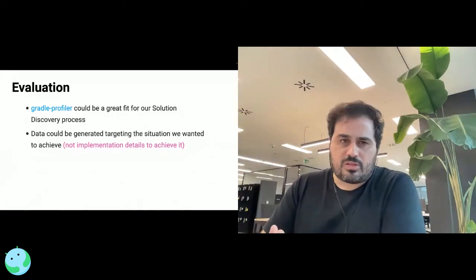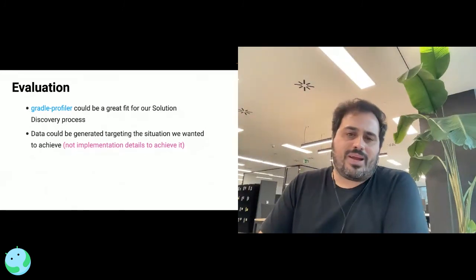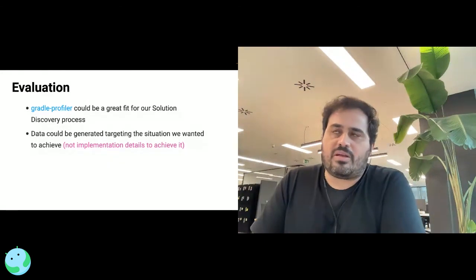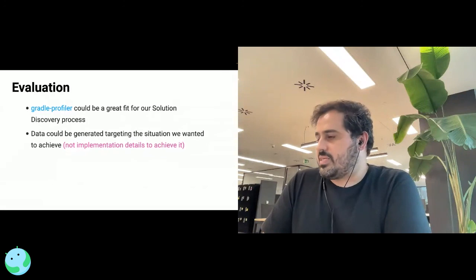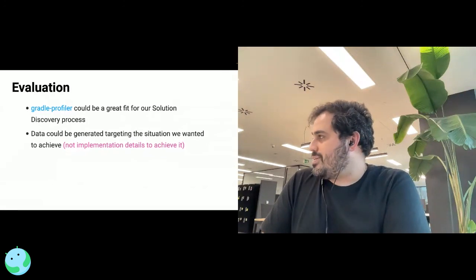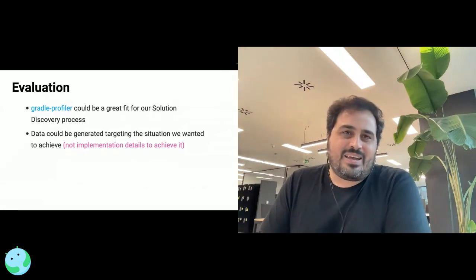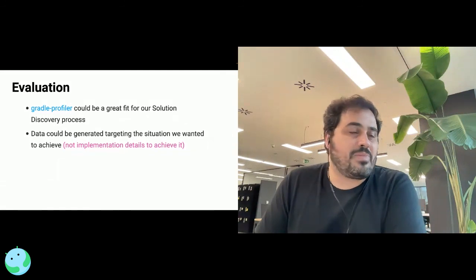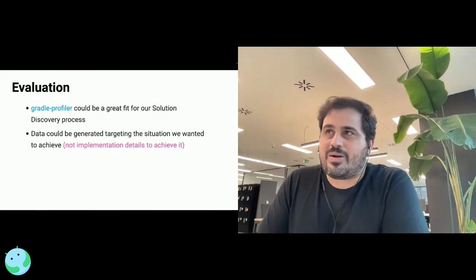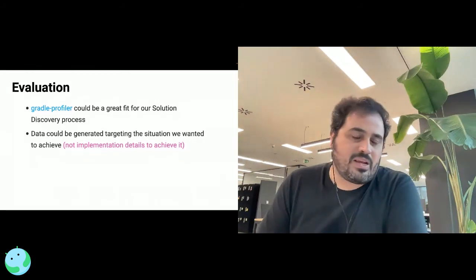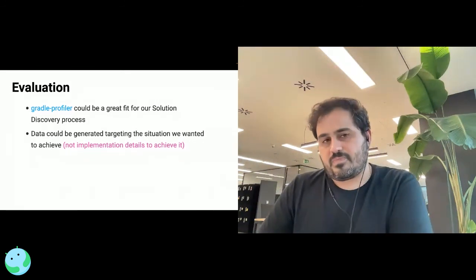Now, not the implementation details, because the implementation details would eventually be different according to the implementation path. Maybe I can give you an example. Let's say that I wanted to estimate how much it would be worth to invest our time in enabling configuration cache in our build.